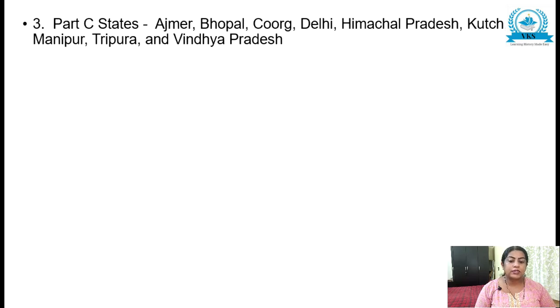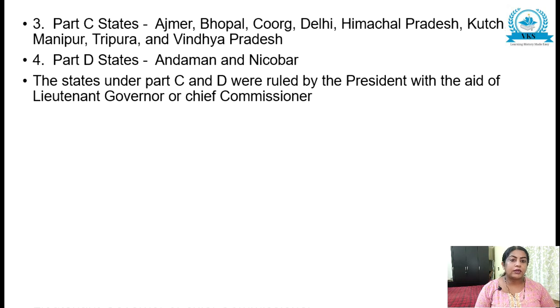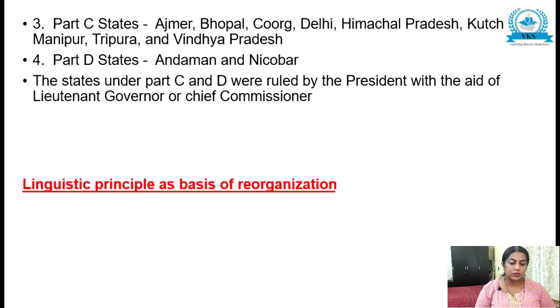Now, Part C states consisted of Ajmer, Bhopal, Coorg, Delhi, Himachal Pradesh, Kutch, Manipur, Tripura and Vindhya Pradesh. And Part D states were Andaman and Nicobar. The states under Part C and D were ruled by the President with the aid of Lieutenant Governor or Chief Commissioner.